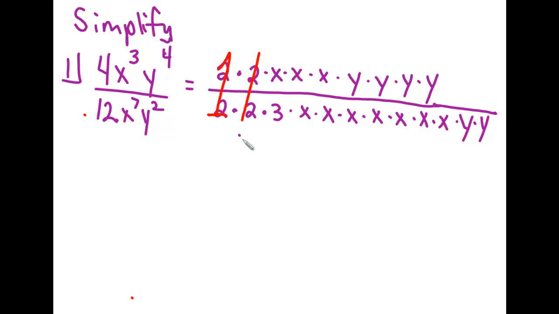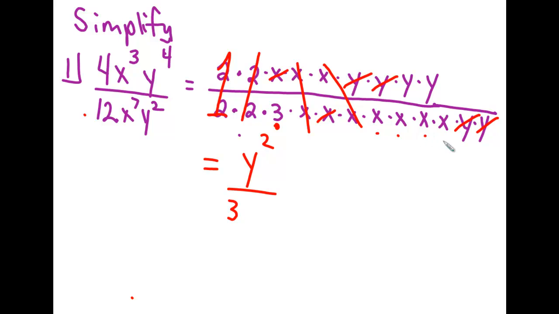So these 2's will cancel, these x's will cancel, these x's will cancel, these x's will cancel, these y's will cancel, these y's will cancel, and that just leaves on the top 2 y's, so y squared, over a 3 and 4 x's, so that's x to the 4th. So there's your answer.